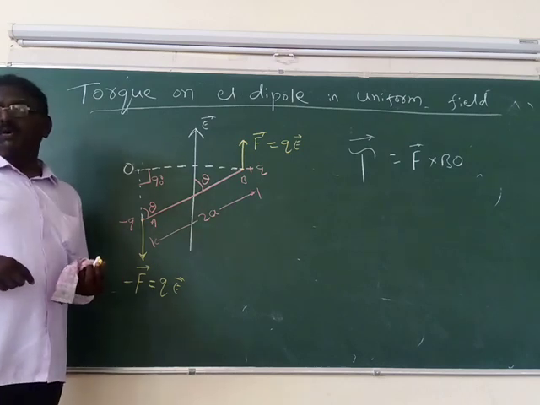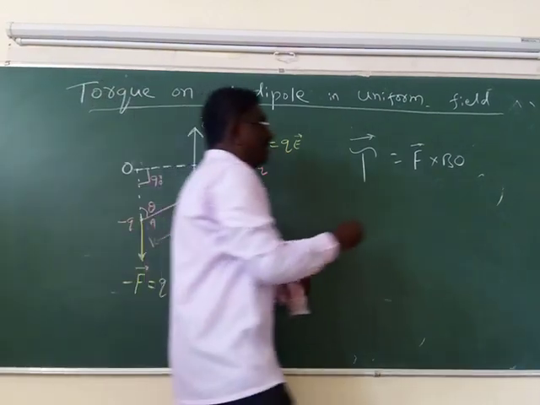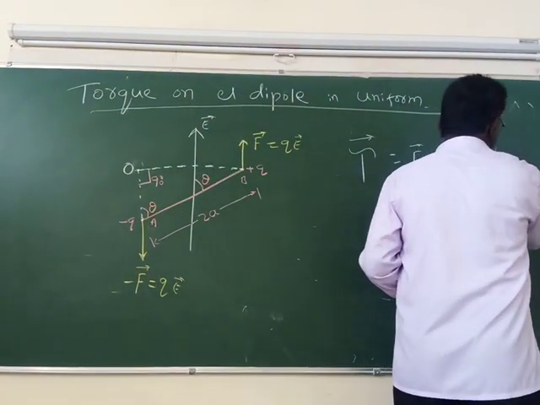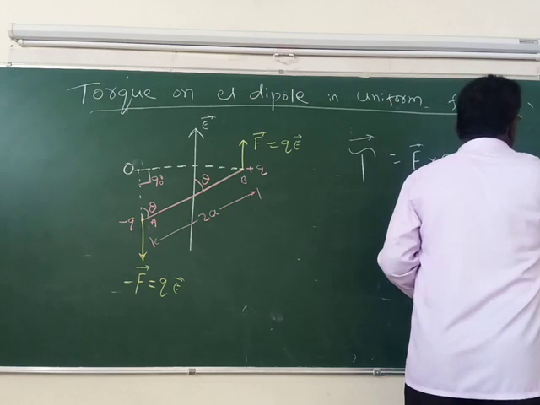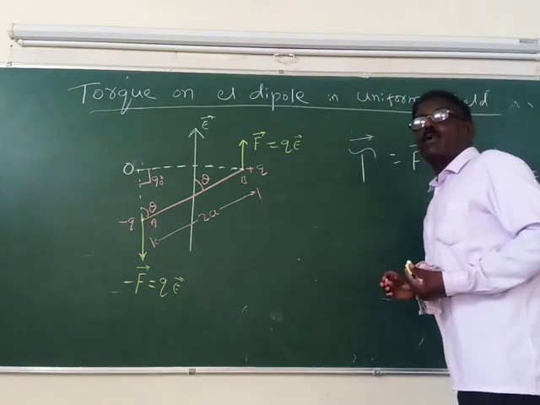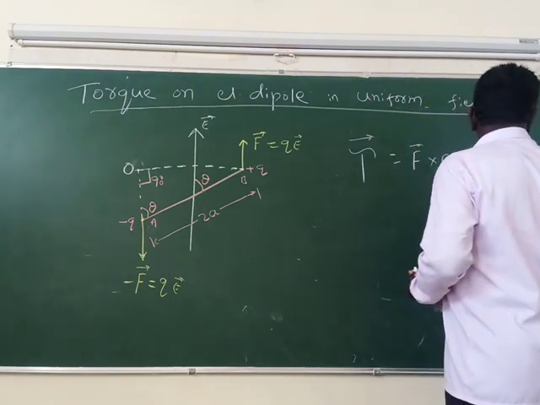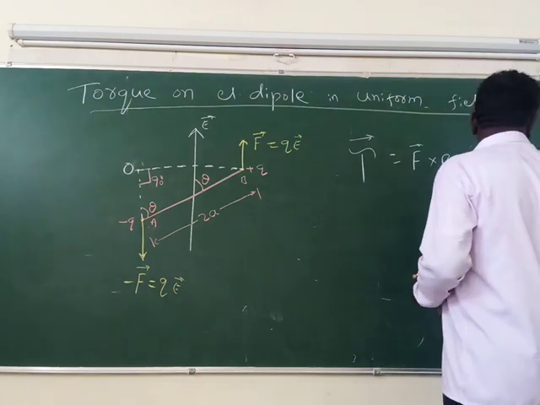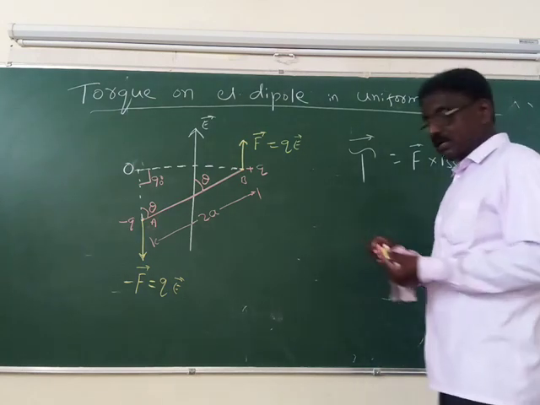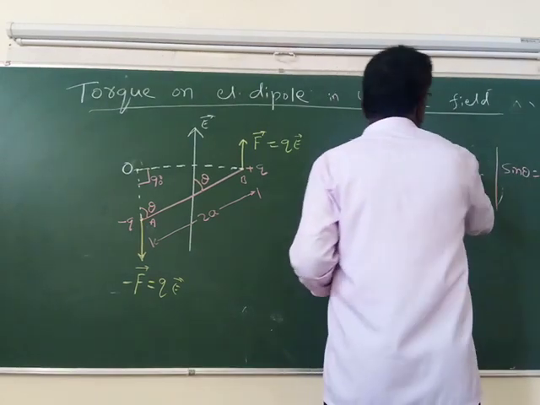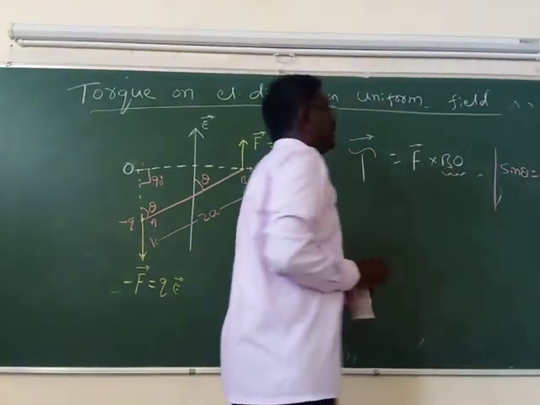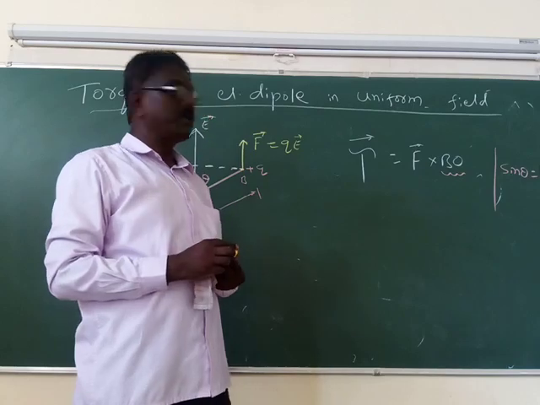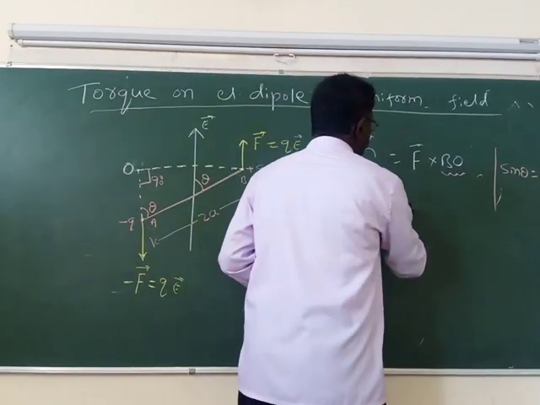Therefore, what is sin theta from that triangle? Sin theta is equal to opposite side BO divided by hypotenuse AB. Therefore, BO is equal to AB sin theta.